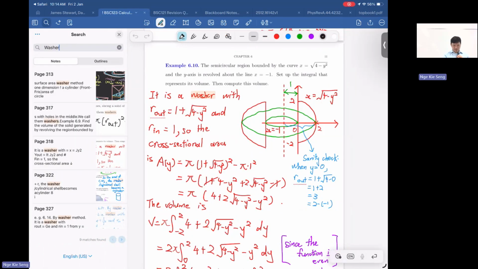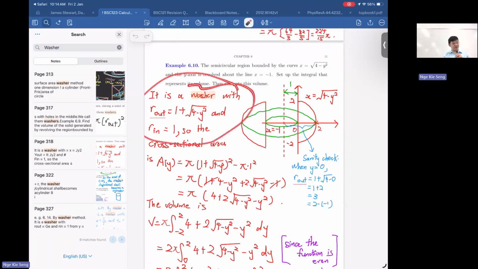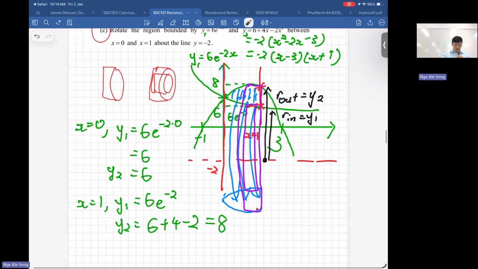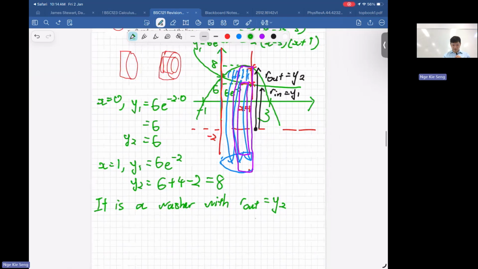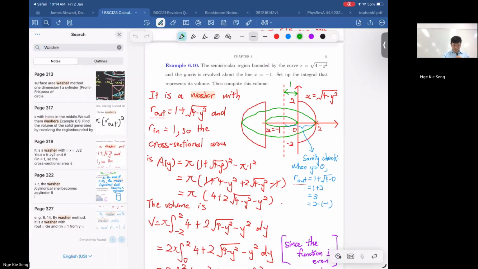So to be consistent, maybe you can use this kind of argument. If you want to determine the washer, make sure you determine R out and R in. So you can say that it is a washer with R out equal to the quadratic function and R in the exponential function. And then what's the formula?